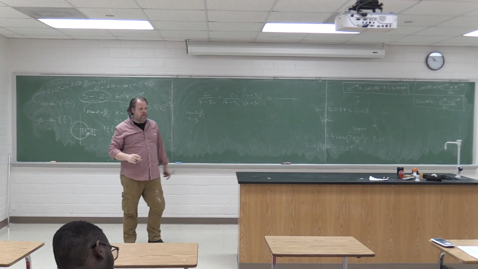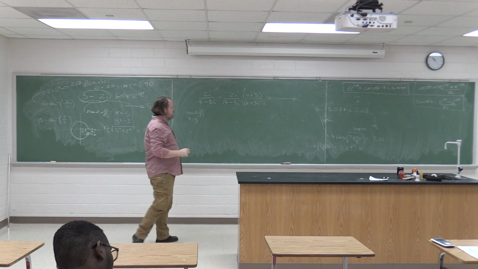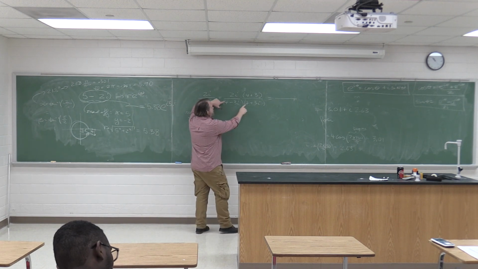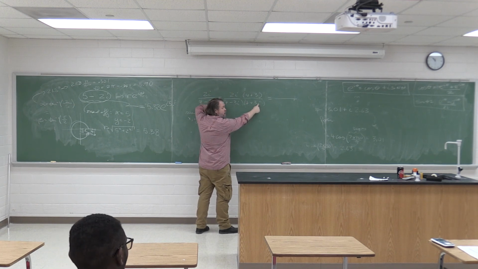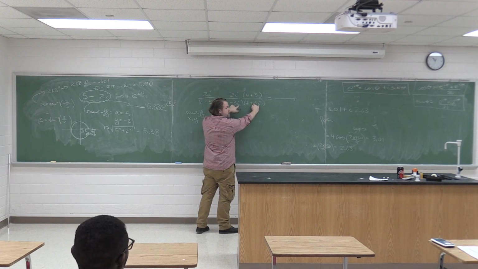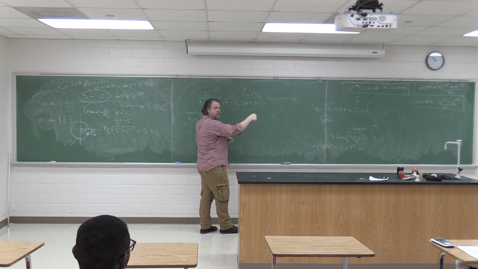2i over 4 squared, that's 16. This and that term will cancel. This term is 3 squared, which is 9. And so 16 plus 9 is 25.